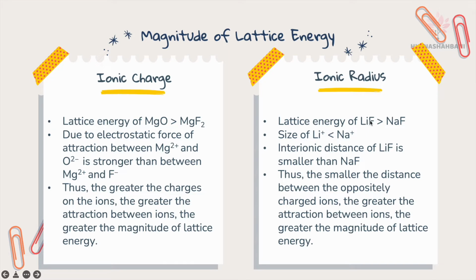The LiF bond distance is closer than the bond in NaF. Thus, the smaller the distance between the oppositely charged ions, the greater the attraction between ions. So much closer means greater attraction, the greater the magnitude of lattice energy.